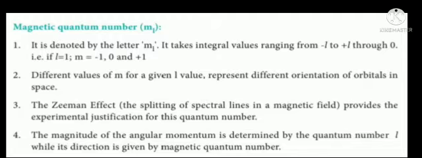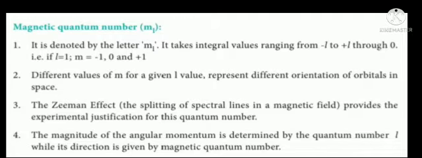For example, if L equal to 1, that is azimuthal quantum number L equal to 1, it represents p orbital. Then m values run from minus 1, 0, plus 1. Hence, p orbital contains 3 orbitals.